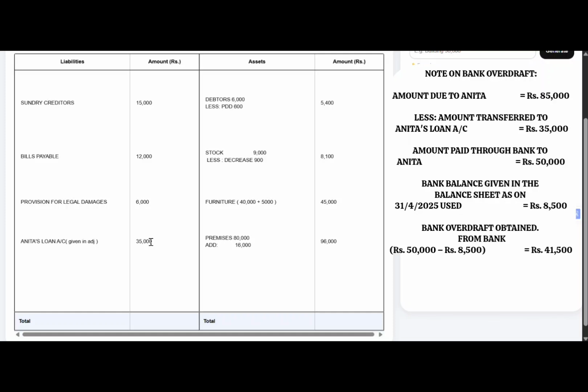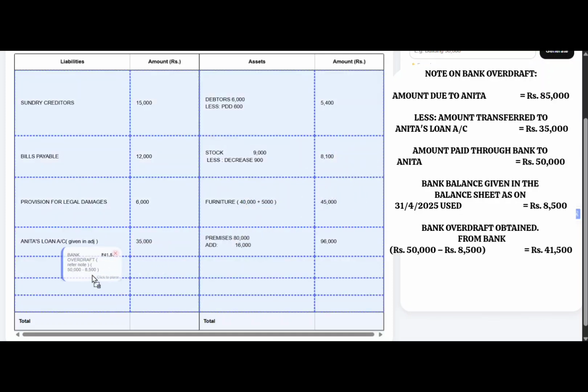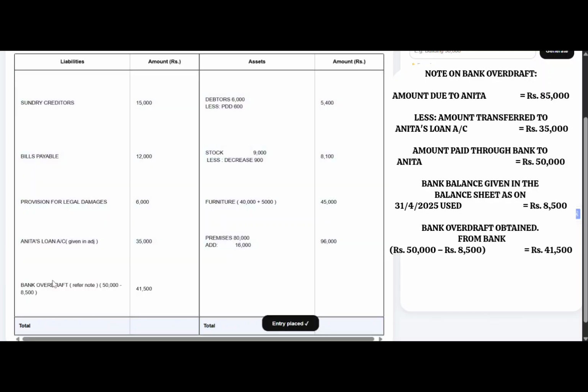Next, as per the partner's capital account, when we balanced the retiring partner's capital, we are paying her through the bank. For this, kindly note the adjustment. As per the payment through the bank, there are not sufficient funds in the business, so we are going to pay it through a bank overdraft, and that is the calculation which we have already seen. So, bank overdraft 50,000 minus the amount of cash we have at bank, 8,500.